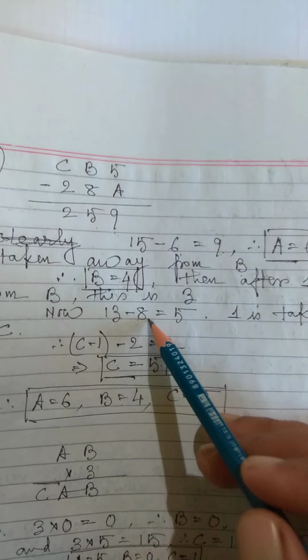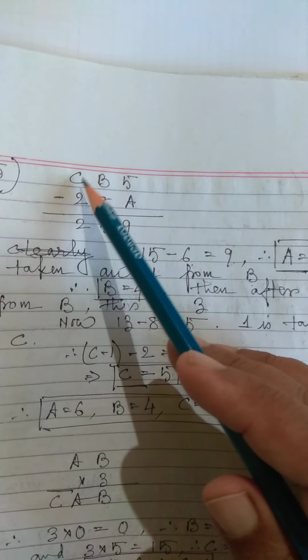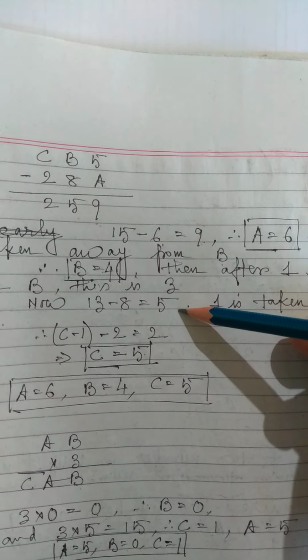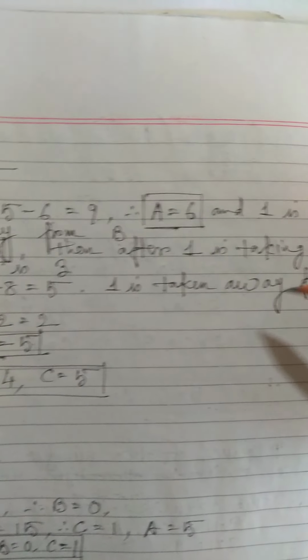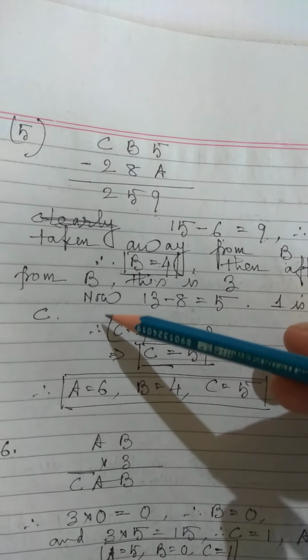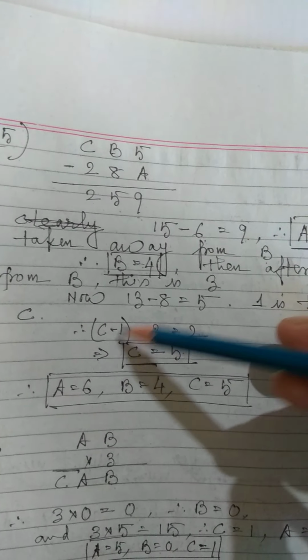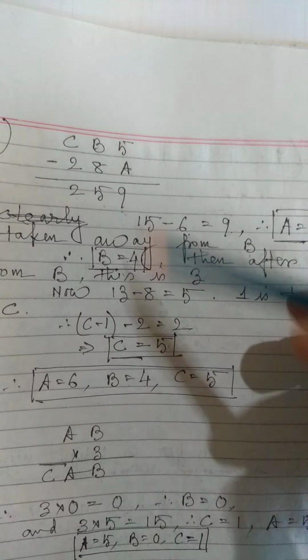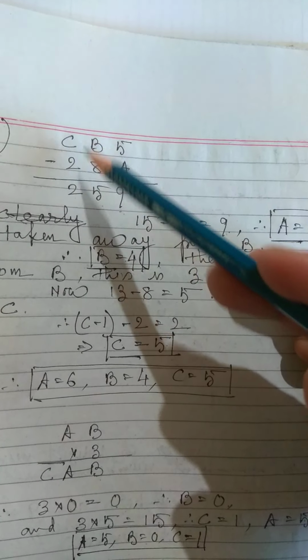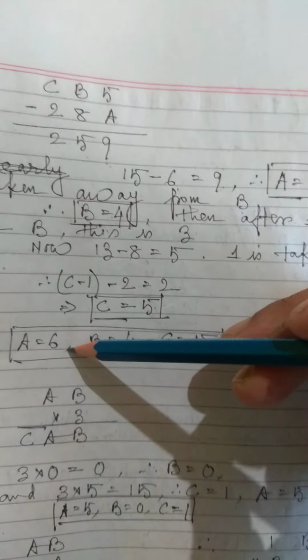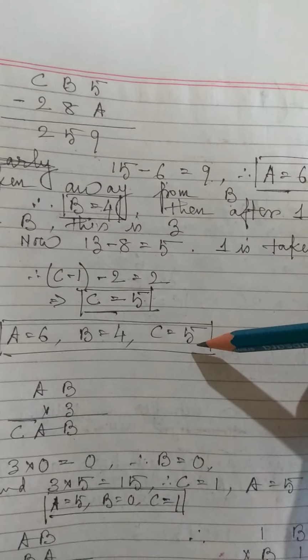Now 13 minus 8, because it is 3, so borrow 1 from C, so it is 13 minus 8 equal to 5. So taking 1 away from C, now C minus 1 minus 2 equal to 2, so C equal to 5. So A equal to 6, B equal to 4 and C equal to 5.